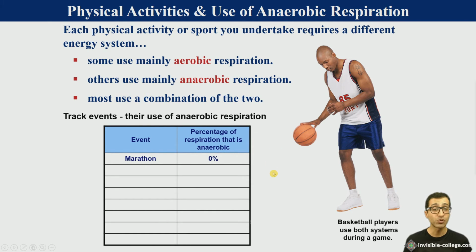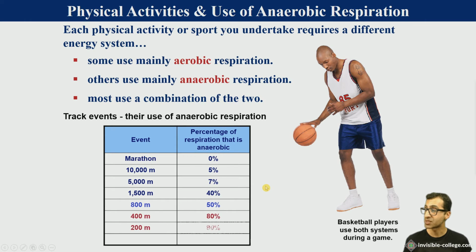Marathon runners will use almost 0% anaerobic respiration. The 10,000 meter run uses about 5%, 5,000 meter runners about 7%, 1,500 meter runners about 40%, 800 meter runners about 50%, and then you see the pattern that emerges until you get to the 100-meter sprint, where it's more than 99% anaerobic respiration.